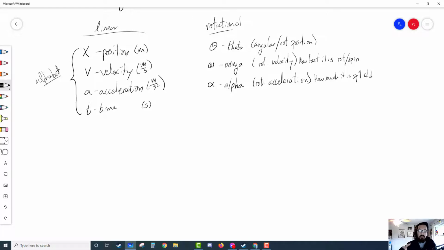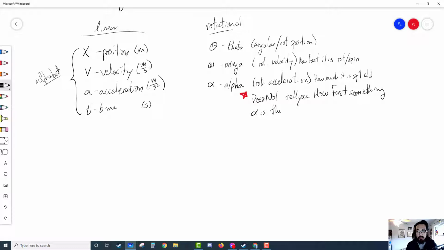Now, I'm going to do this in red. This is one of those star moments. You need to know this. Acceleration does not tell you how fast something is moving, because that is velocity. It just tells you the change in velocity. I'll write that down.